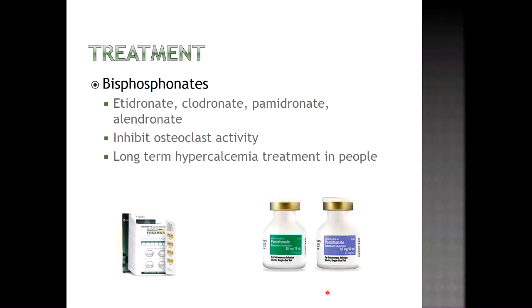Okay, for long-term treatment of hypercalcemia, bisphosphonates can be your friend. These are long-term osteoporosis drugs that are used in humans. We've used them successfully in animals that are hypercalcemic. If they're hypercalcemic because of cancer, you'd want to treat the cancer, and that'll probably take care of the problem. But cats will get an idiopathic hypercalcemia, and you have no idea why, and you just treat the hypercalcemia.